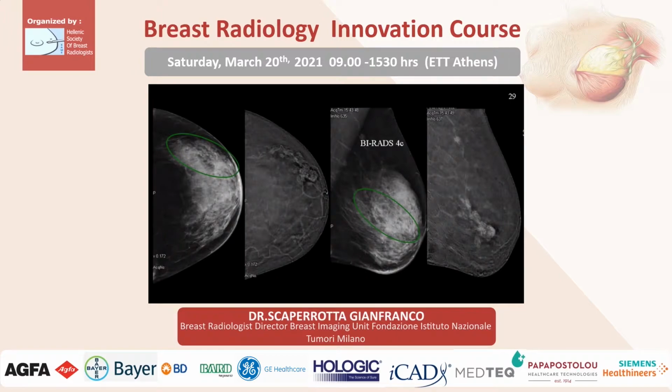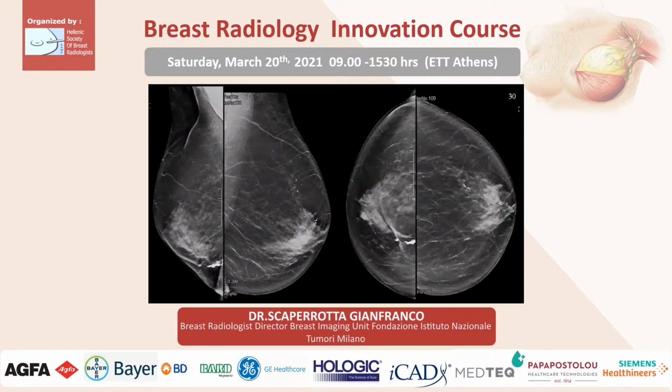This is aspect after CEM. I think the DCIS extension, but in this side there is the invasive cancer. This is a diagnosis. Other aspect, pathological calcification.